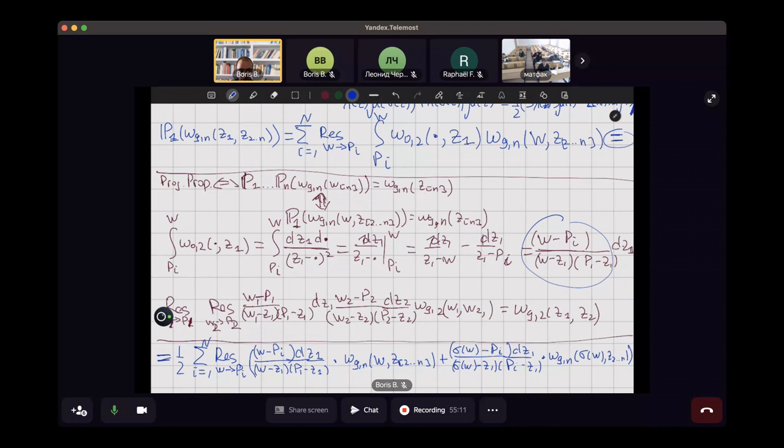This is the second residue of the second sum. The second summand is omega gn of sigma of z, z2, etc. n. And the whole guy is holomorphic, and therefore it should coincide.